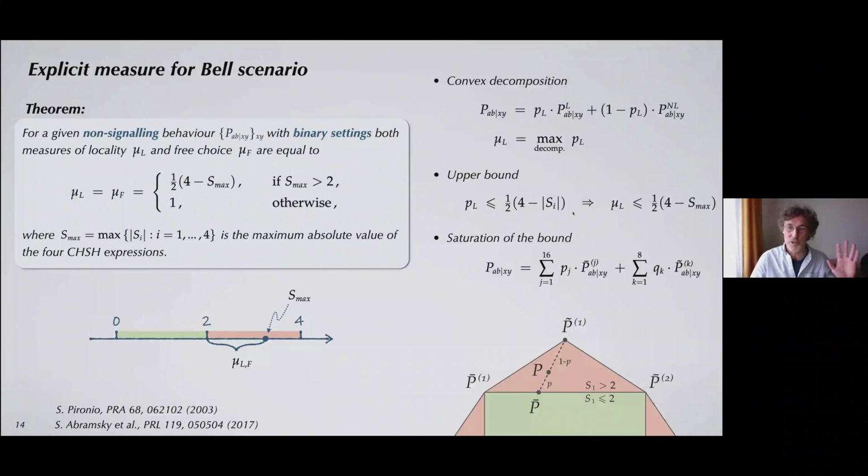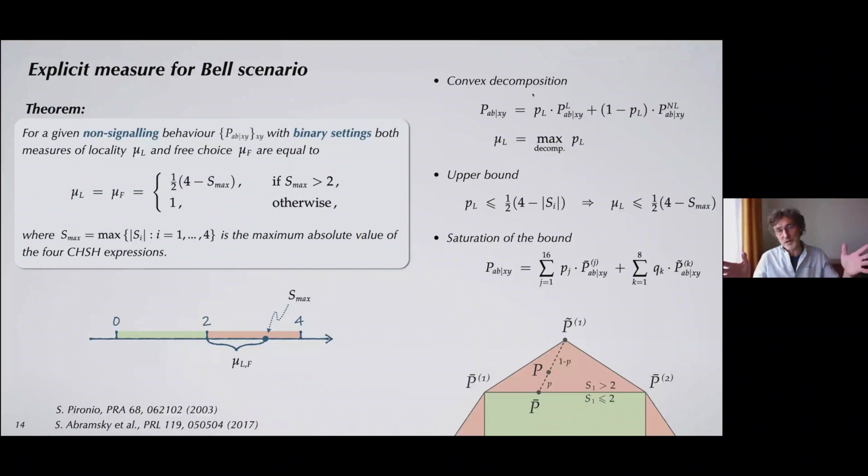You can prove the upper bounds, and then you can prove that this bound is saturated, knowing how this convex polytope looks like. So find this probability distribution, the coefficient in this convex decomposition.